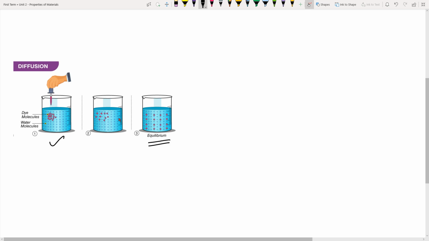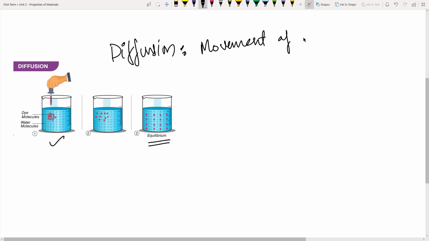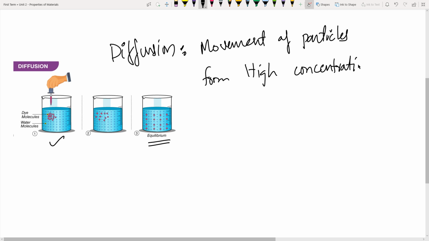Now, the particles move through the liquid by diffusion. So what is diffusion? We have discussed this in our respiration chapter, that diffusion is the movement of particles from high concentration towards lower concentration.